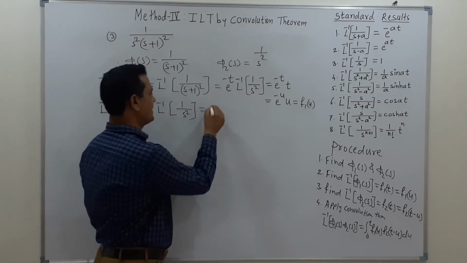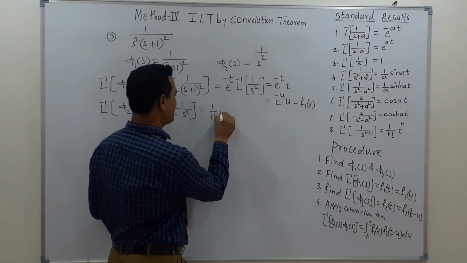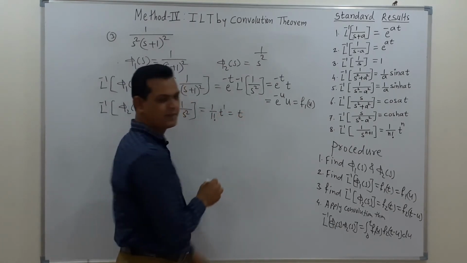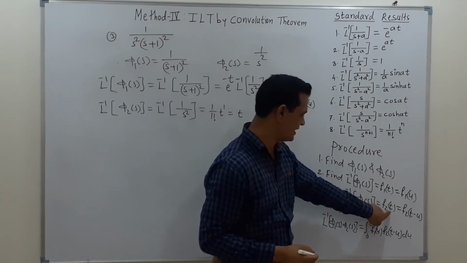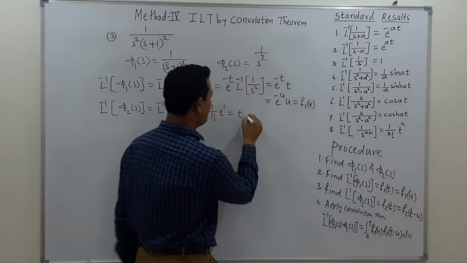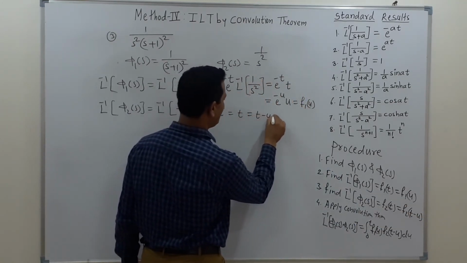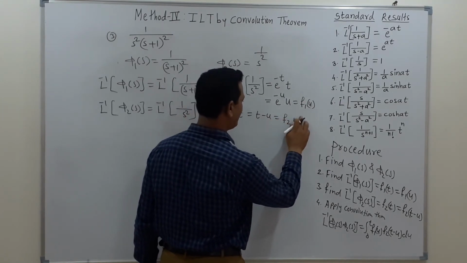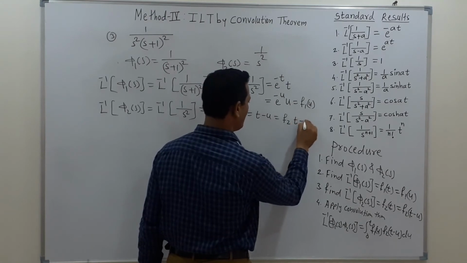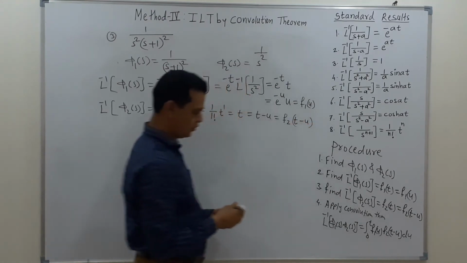So we can write this as 1 upon 1 factorial t raised to 1, which is simply t. Now this third step says that replace t by t minus u. We can write this as t minus u, and this is the value of f2 of t minus u.